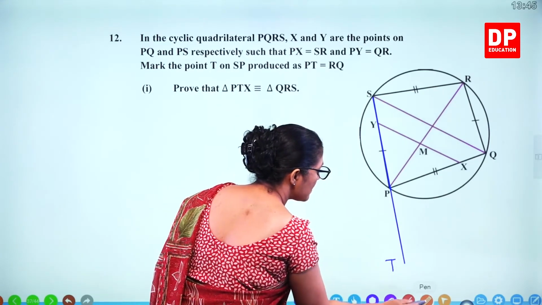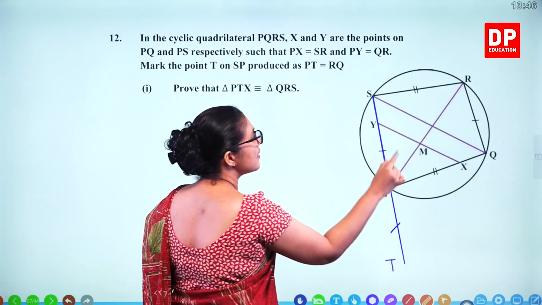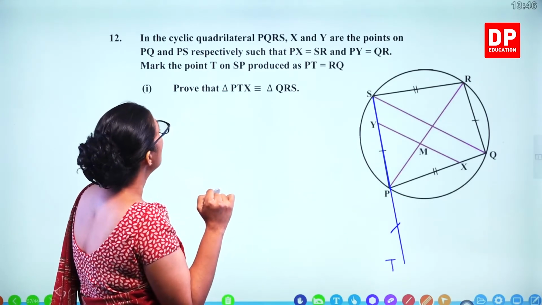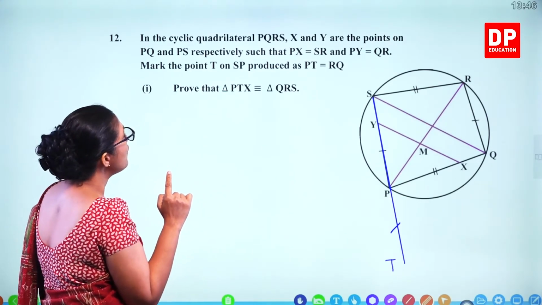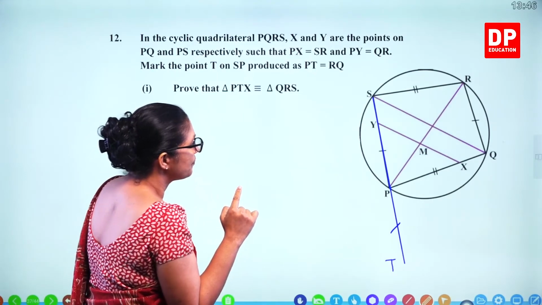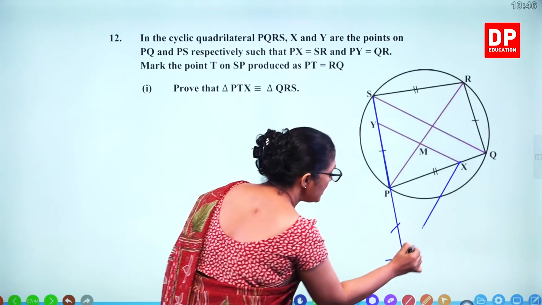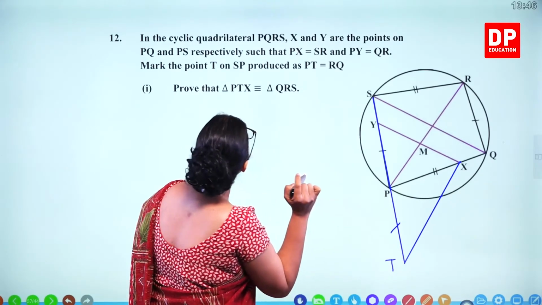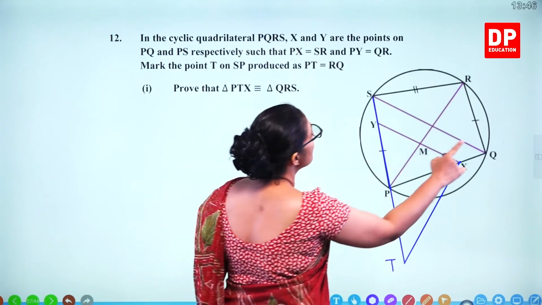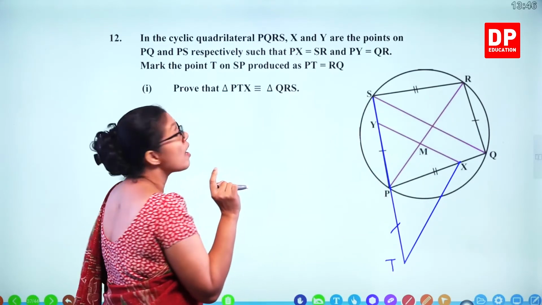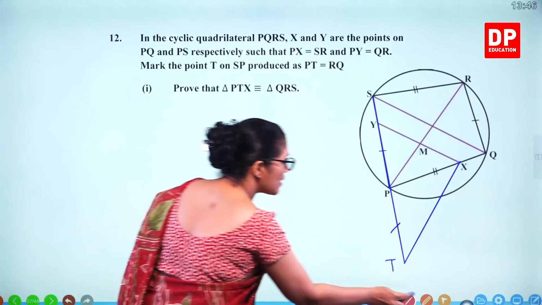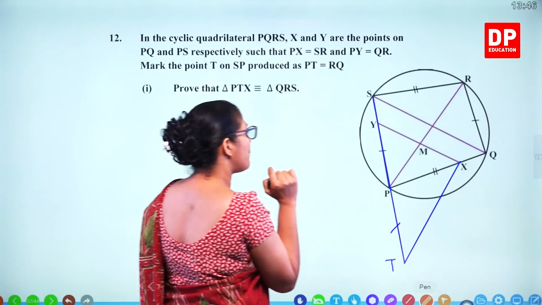So this length is equal to this length. Now what is the first part? Prove that PTX, so we need to construct the triangle PTX and QRS triangle are congruent. So what are the things that we need to identify?